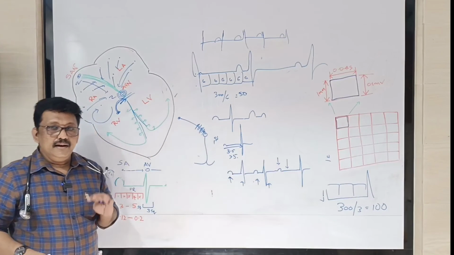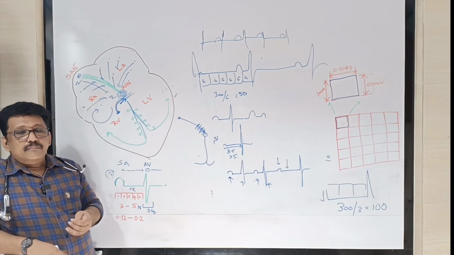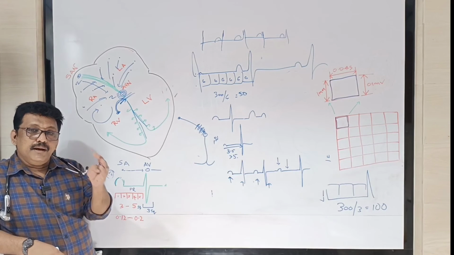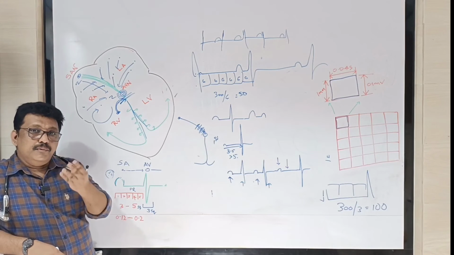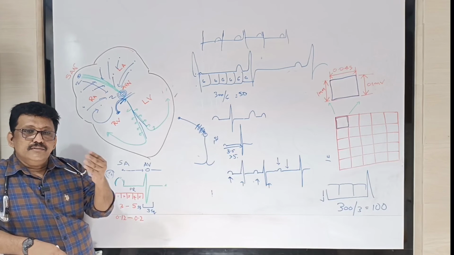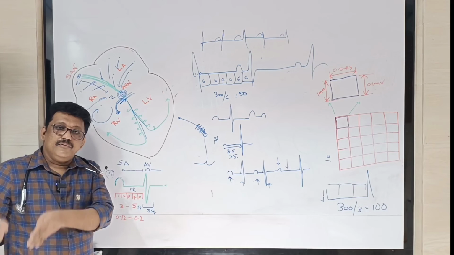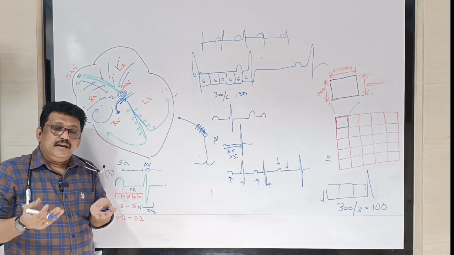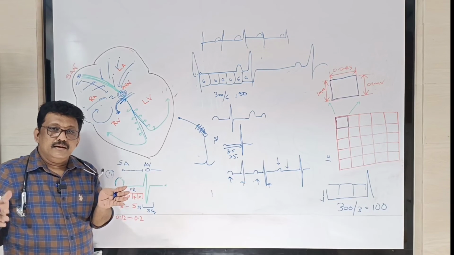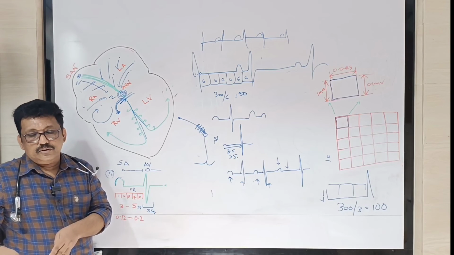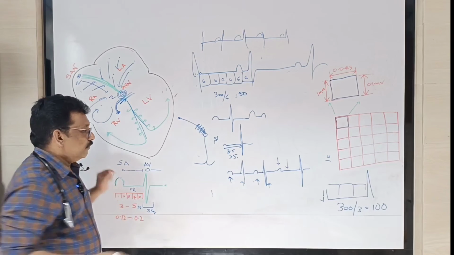That is second degree heart block. In second degree heart block there are two types. Type 1 is Wenckebach's phenomenon, that is progressive PR interval prolongation and sudden drop of one QRS complex. The second type has no progression of PR interval, just a sudden drop of a QRS complex. So that is second degree heart block.